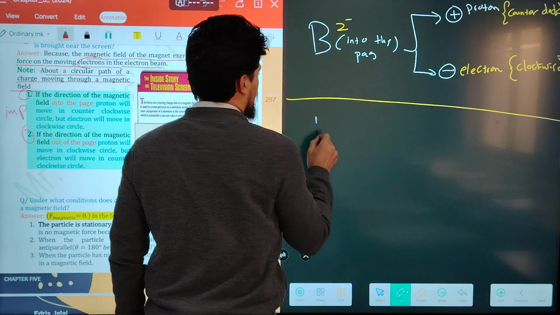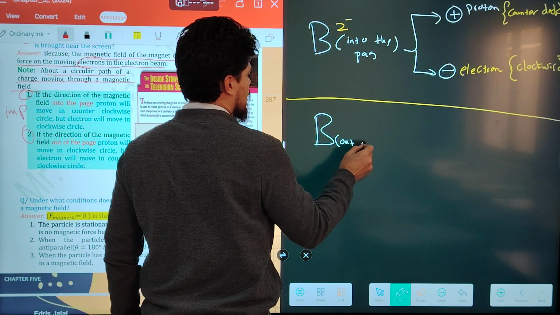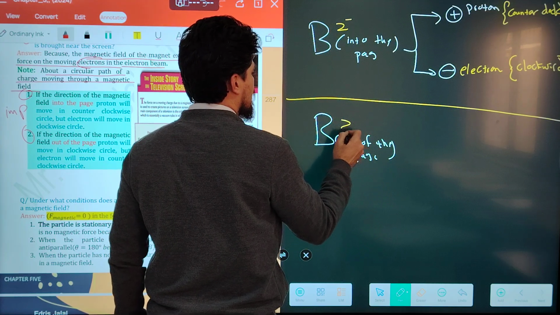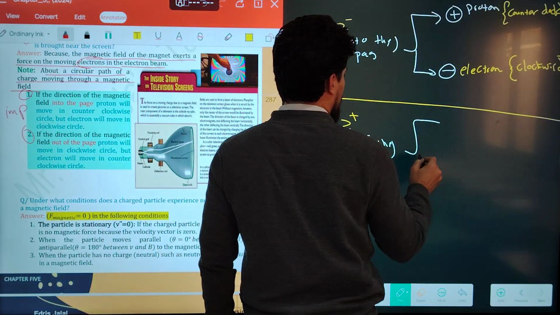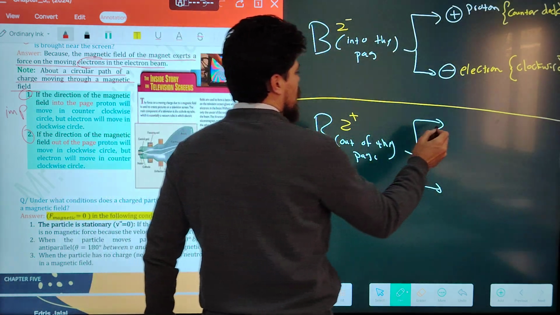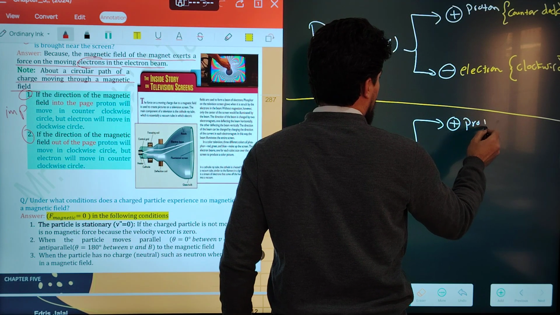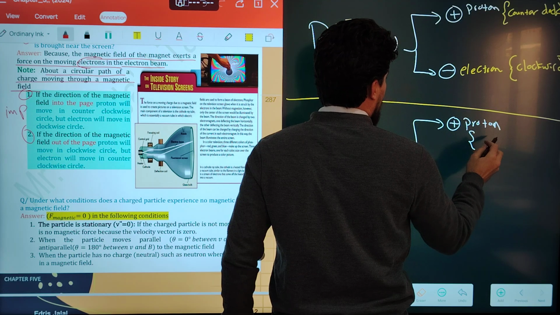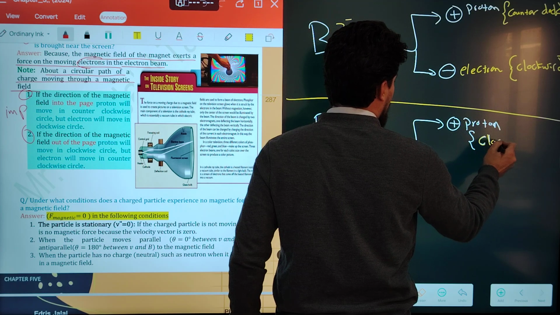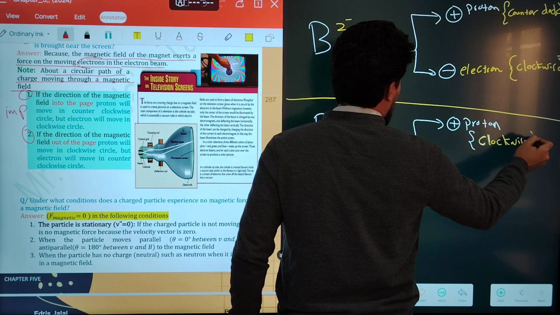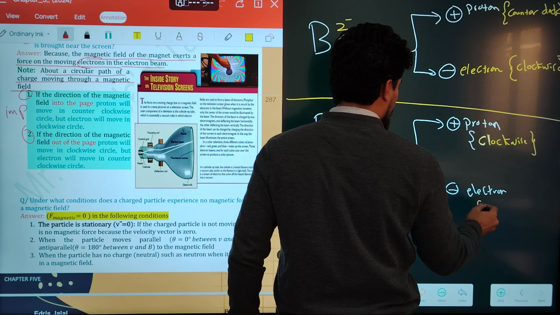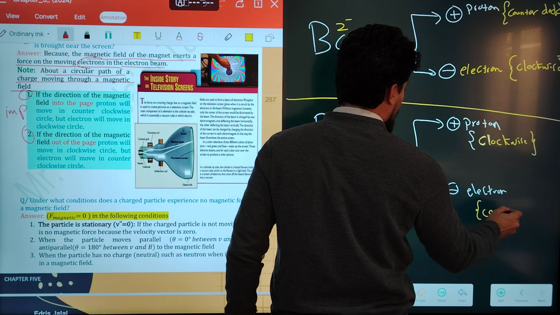In the second case, when the magnetic field is out of the page, Z positive, the proton, positive charge, moves in a clockwise direction, and the electron moves in a counterclockwise direction.